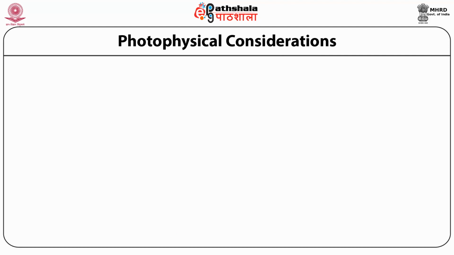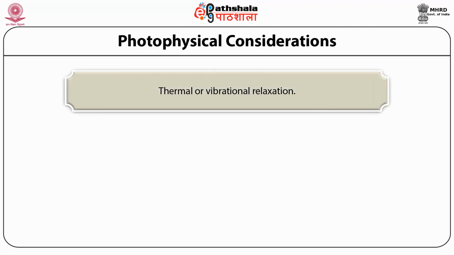Photophysical consideration. Immediately after the formation of the potential chemiluminescent molecule in the lowest excited singlet state, a series of events takes place which tend to pull down the excited state molecule to its ground state. At first, rapid stepwise thermal deactivation, also known as vibrational relaxation, takes place in the excited state of the molecule.